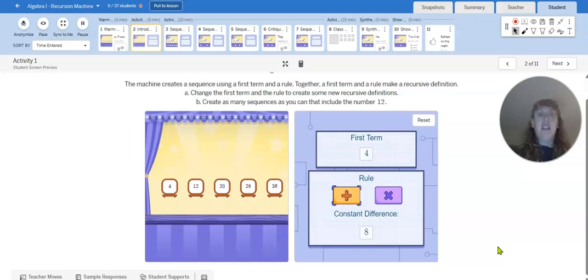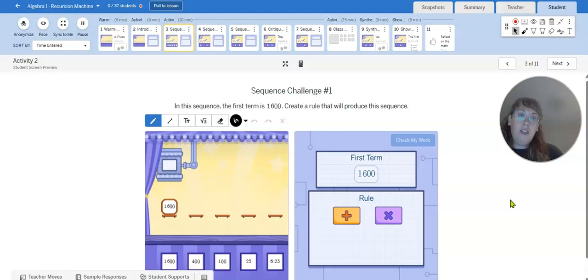So that's another way we can make a sequence using the number 12. Please keep exploring with this, see how many sequences with the number 12 you can get. And when you feel good, push ahead to slide 3.